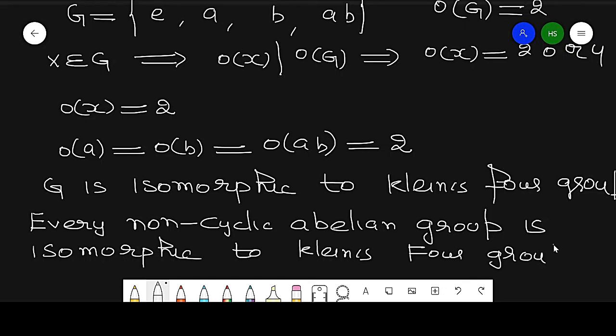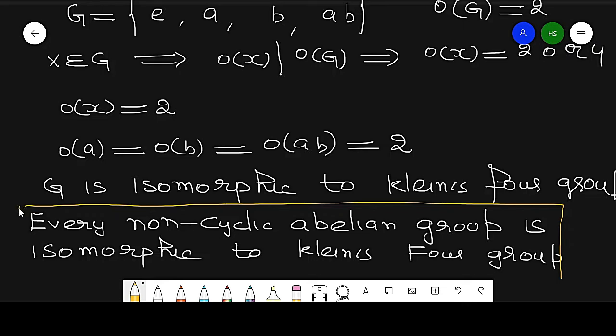So what is its isomorphism? The identity goes to the identity, the first element goes to A, the second goes to B, and the third, the product, goes to AB. So this is isomorphic to the Klein 4 group. This is a very important result. Understand this result: every non-cyclic abelian group of order 4 is isomorphic to the Klein 4 group.